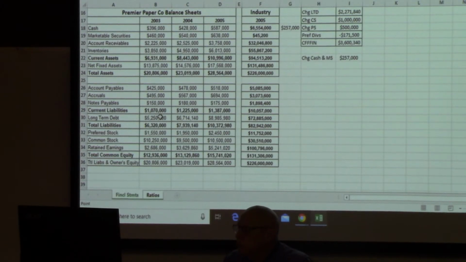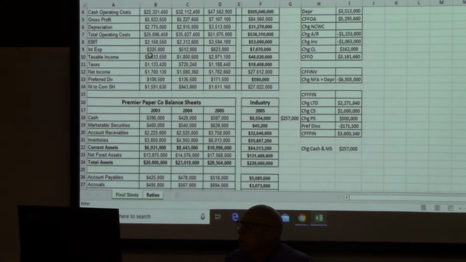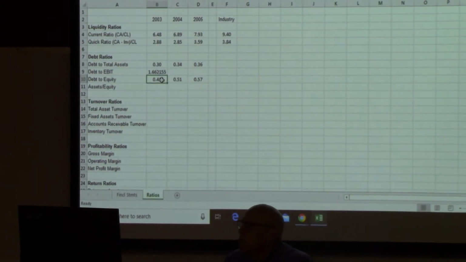Let's go ahead and do that. Divided by EBIT. Do that there. And then assets to equity.